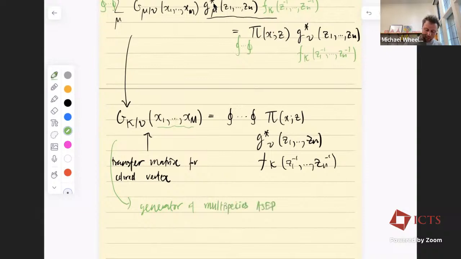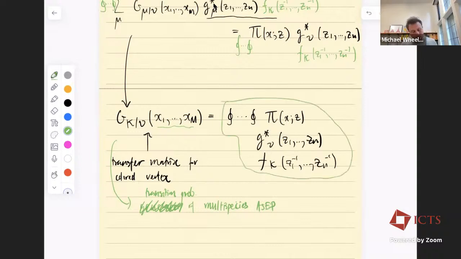Maybe I shouldn't say generator, but rather transition probability. So it's something like the probability of starting off in a state nu and finishing in a state kappa. What this gives you now is an explicit integral formula for such transition probabilities. And under certain assumptions on nu and kappa, this integral becomes pretty meaningful. You can do actual honest calculations with it, asymptotics and so on. So that's one application.